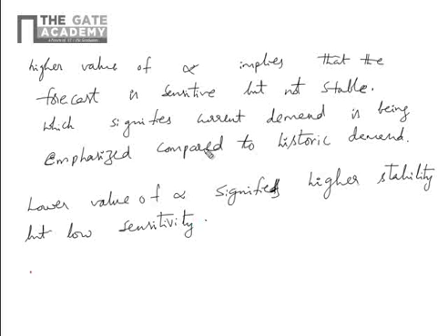So forecast error calculation. How do we know that the current forecast is perfect? If the error is less, the forecast is better. Forecast error E equal to demand minus forecast.